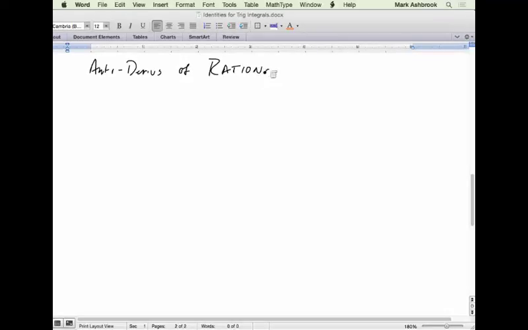So what is a rational function? Rational functions are the ratio of 2 polynomials, or the fraction of 2 polynomials.